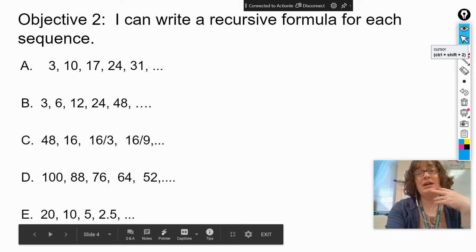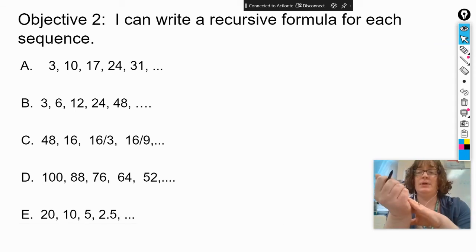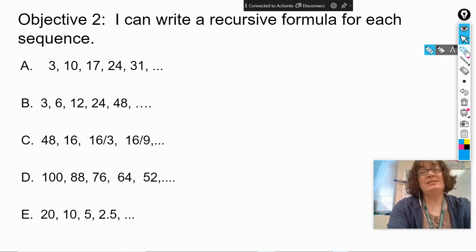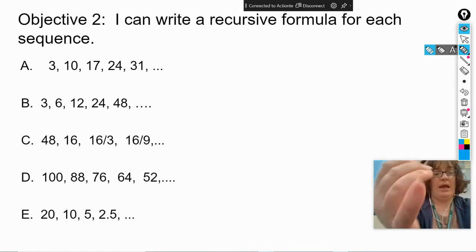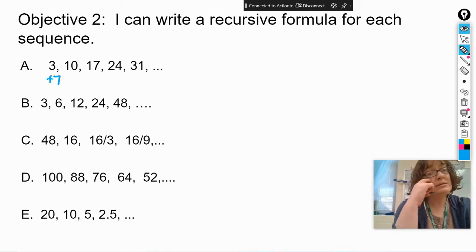Okay, our next objective says I can write a recursive formula for each sequence. So these are the same 4 sequences that we saw on the last slide. Actually there are 5 here, but the first 4 are the same 4. So this first one we said was found by adding 7.